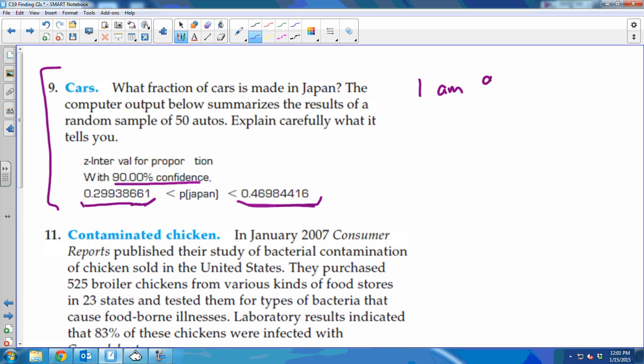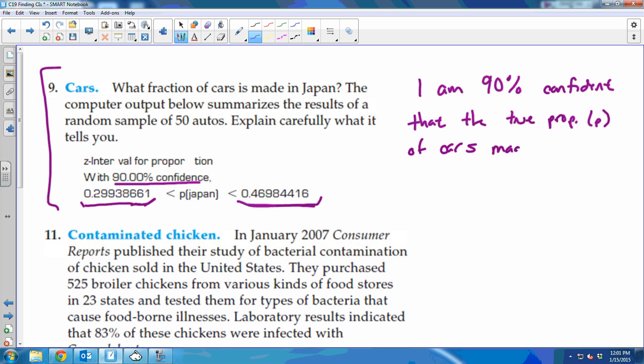I am 90% confident that the true proportion of cars made by Japan is between 29.9% and 47%.